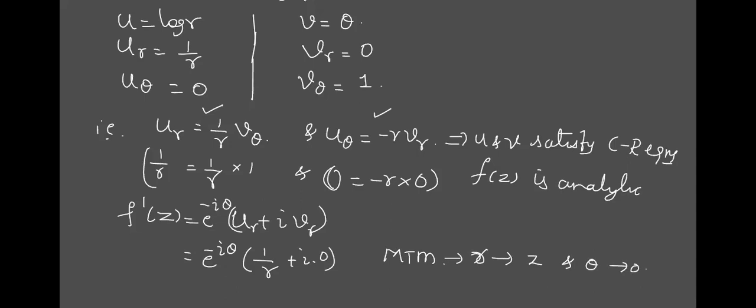Let us apply that. f dash of z is e raised to minus i into 0, 1 by r becomes 1 by z, and the second term is 0. What is e raised to 0? 1. So what is remaining? 1 by z. So this is my f dash of z.